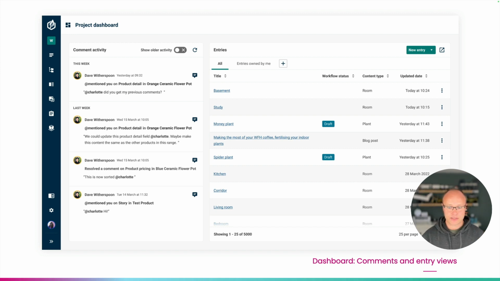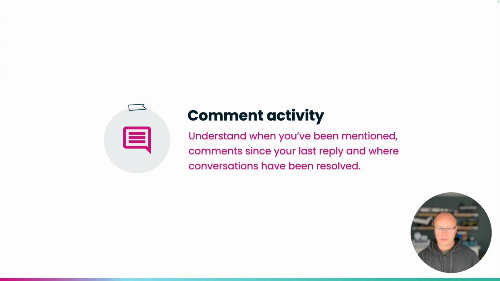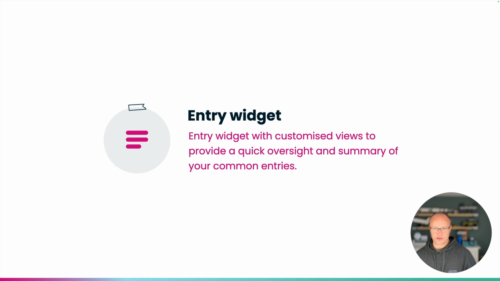So as I mentioned, we have comment activity, when you've been mentioned, comment since your last reply or when conversations have been resolved, and a new entry widget that allows you to use customized views based on existing shared views that you've created in Contensis.